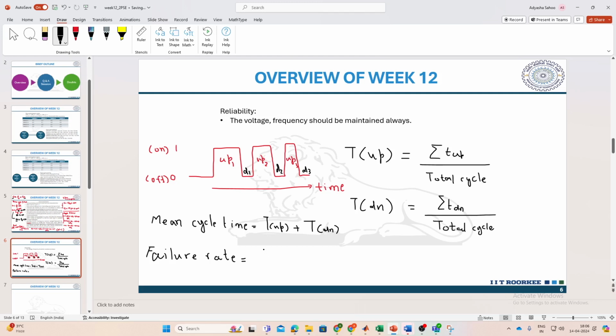That is nothing but 1 by the time for which it was on, that is T up. That we denote by lambda. And the repair rate, that we denote by mu, is nothing but 1 by the downtime.